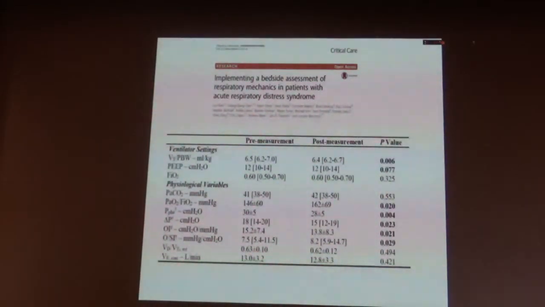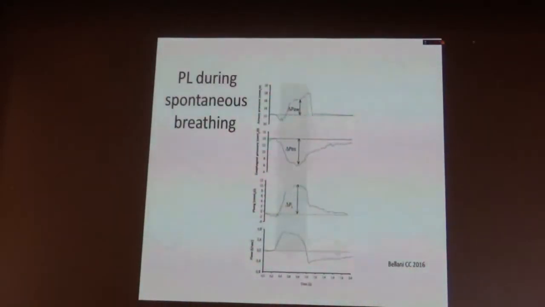And just to finish and continue on the talk by Antonio, we also keep the esophageal pressure when patients are switched to pressure support, because we think that monitoring the transpulmonary pressure swing during spontaneous or assisted ventilation is also very important to continue a lung protective ventilation.